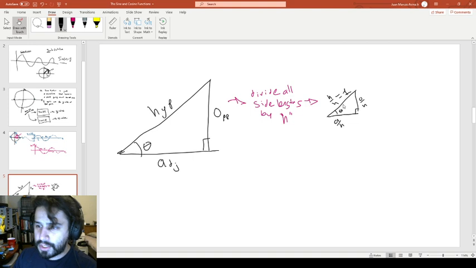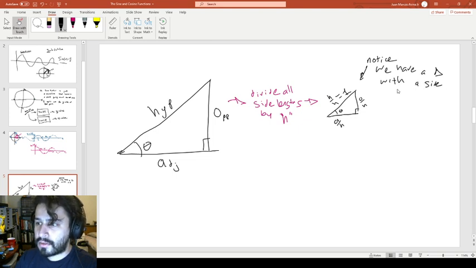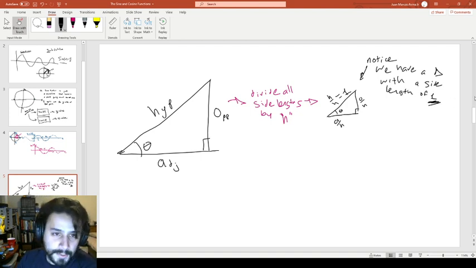And what you'll notice here, I'll write this down, notice we have a triangle with a side length of 1. What does this mean?